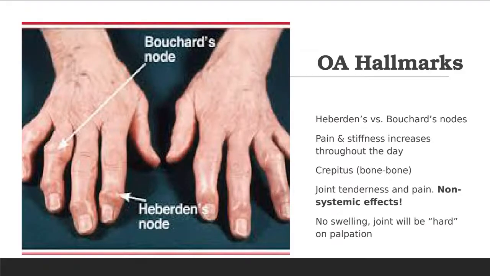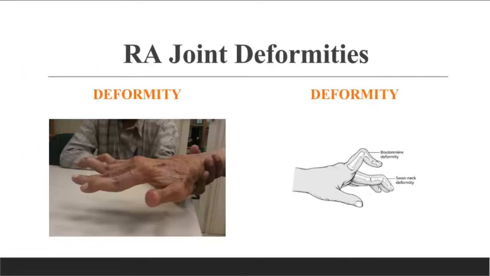So the next one is deformities that you might find in a patient who has rheumatoid arthritis. So what is this deformity called? What's that deformity called? Yes, the swan neck deformity. Very good, Zenaida. And what is this deformity called? The second to the right of the swan neck.